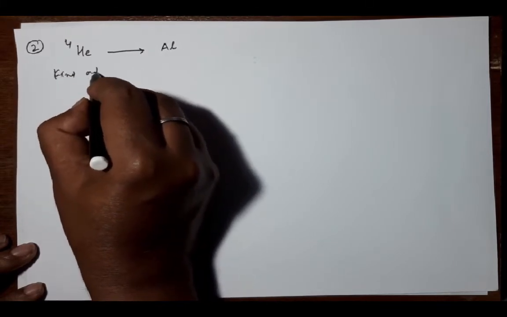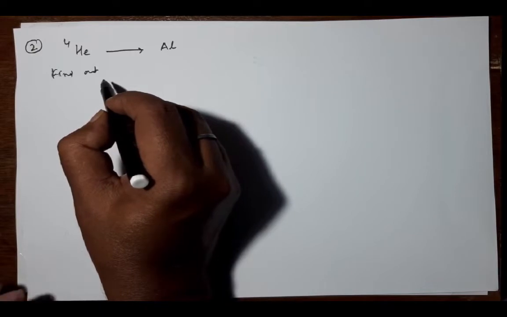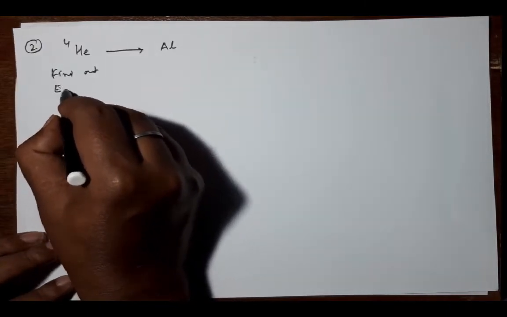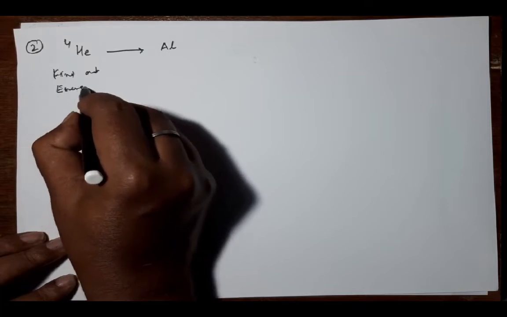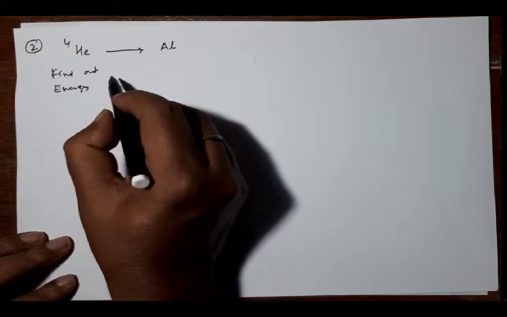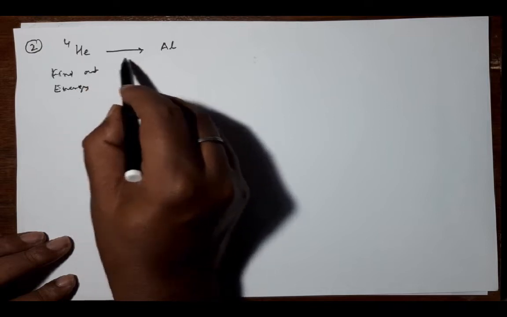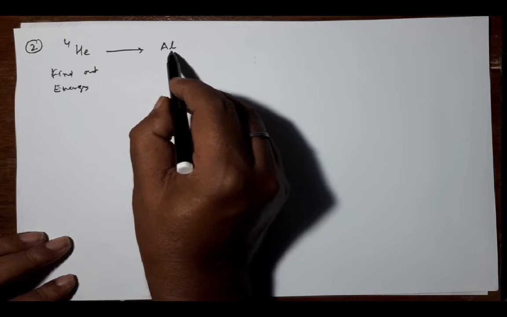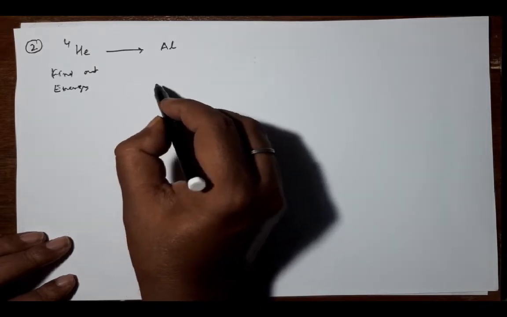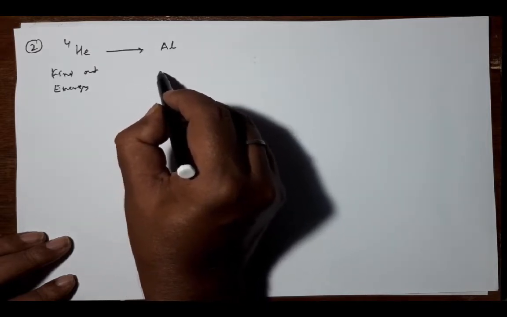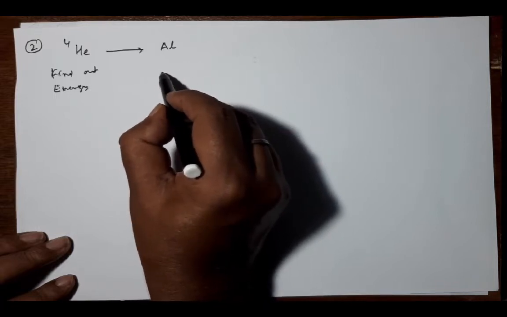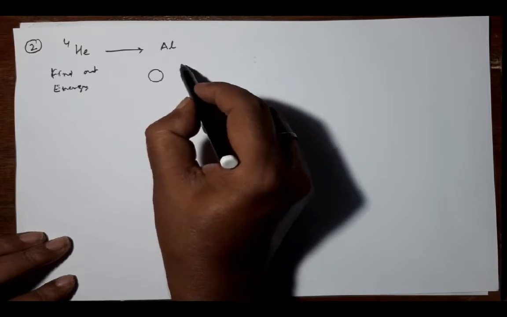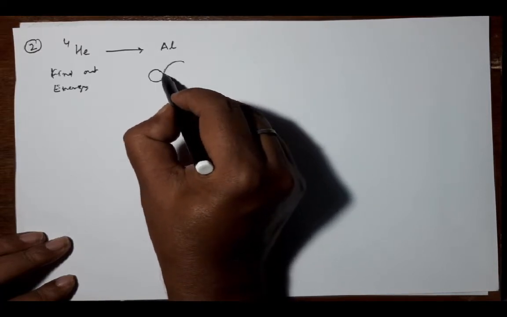Find out the energy with which this helium nucleus is sent towards the aluminum nucleus, so that it touches the aluminum nucleus like this.